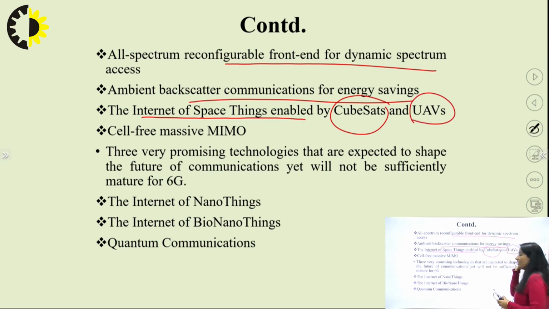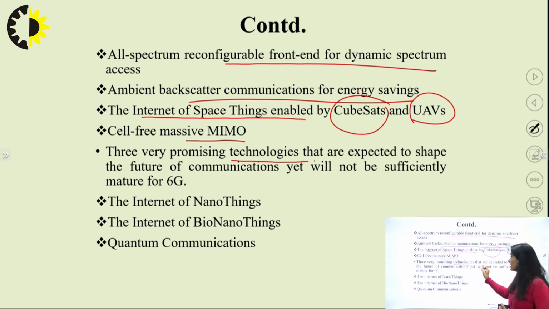Also UAVs, meaning the drones. So we can have communication with the help of drones and small satellites. That is how we can be connected with the Internet of Space Things. Cell-free massive MIMO. Massive MIMO means we have studied multi-input, multi-output already. So cell-free massive MIMO is also expected.